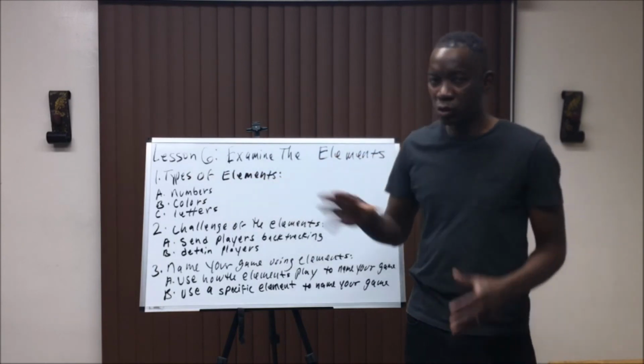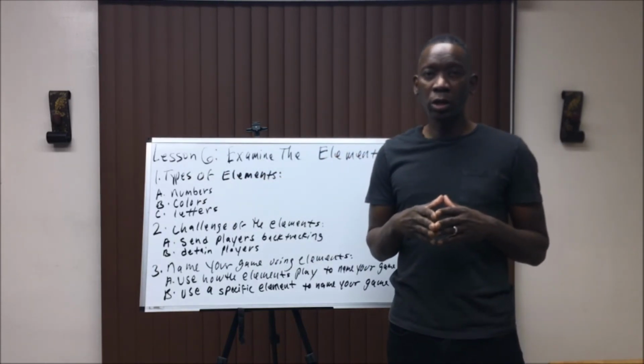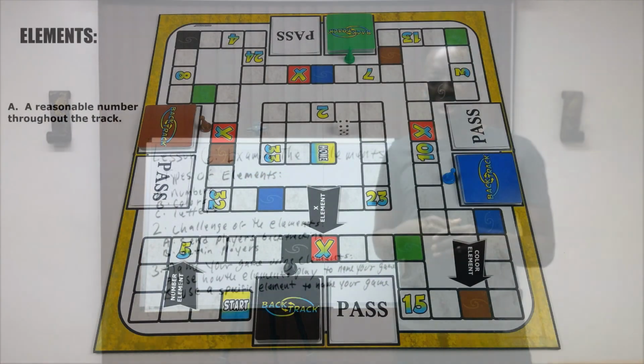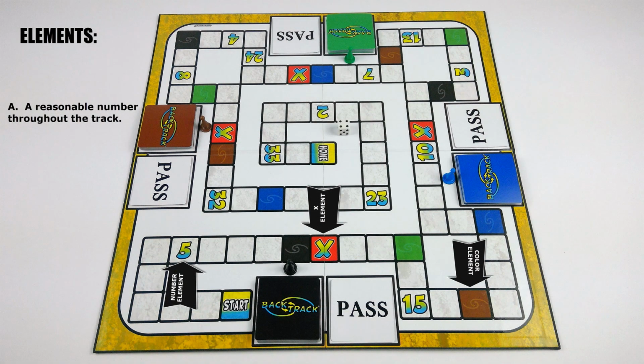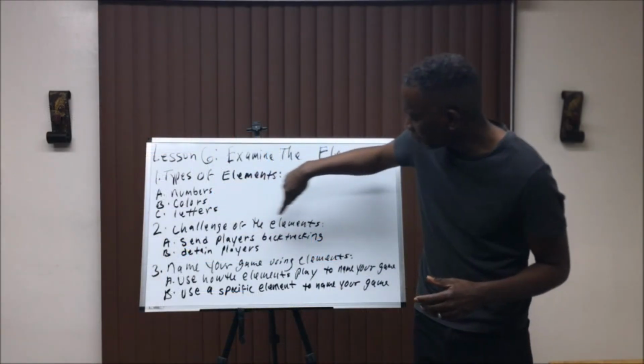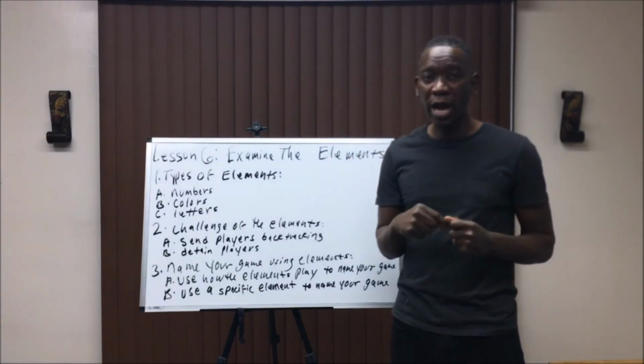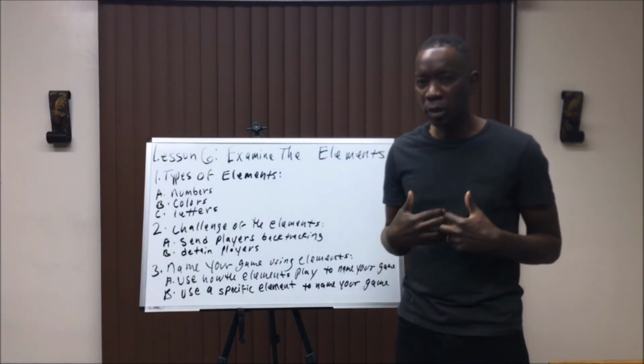So, lesson 6, examine the elements. Types of elements that you can use on your track are numbers, colors, and letters. And there are a lot more that you can use on your track, and we'll talk about that in another video. Challenge of the elements: how do the elements that you're using on your track challenge your players.